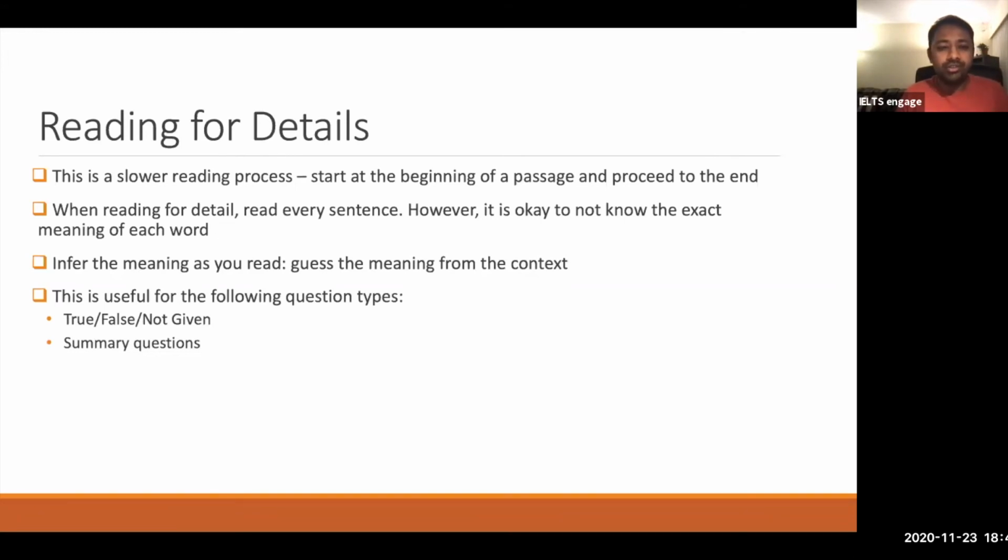What you need to do is underline the word and then infer the meaning, which means you guess the meaning from the context. Look at the sentence around it, look at the paragraph, and how the word fits in. So it's not really important in IELTS reading to understand every word we come across, but it's important to get a general idea of what the passage talks about. Reading for details is certainly important in questions like true, false, not given, or summary questions.